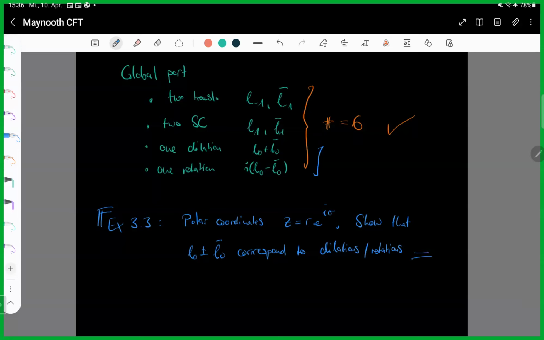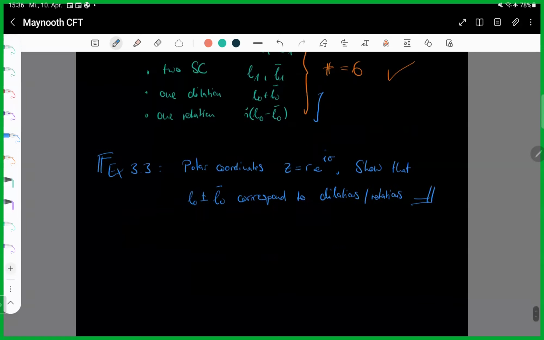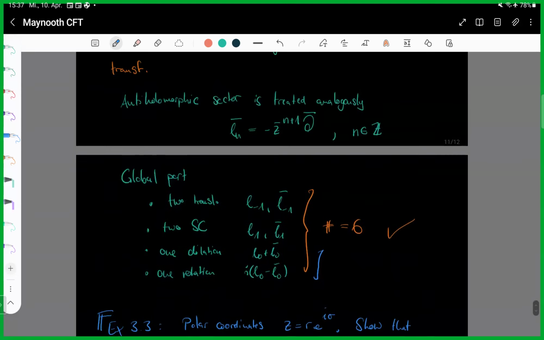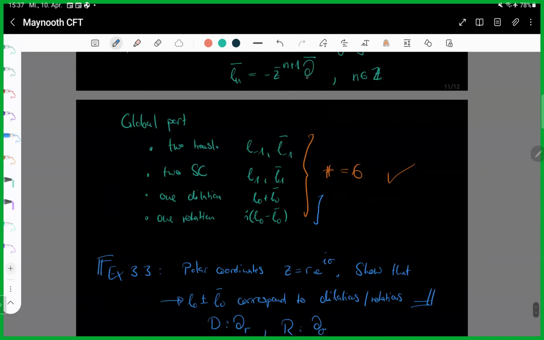Let me give you a hint here. This hint is not in the notes. The dilations are generated by del r, and rotations are going to be generated by del sigma, and it's up to you to relate these two. So you have an expression in terms of partial derivatives of L0. For instance, L0 bar is a partial bar.